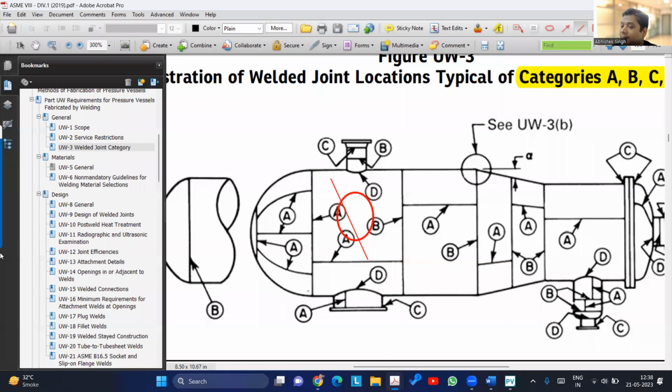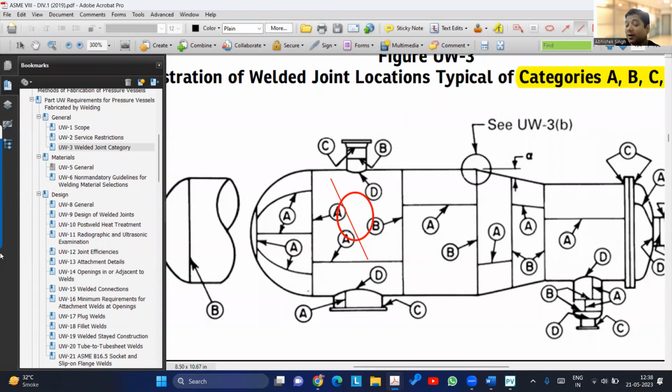I was thinking that both are circumferential joints, but the welding engineer was having a different outcome from that.